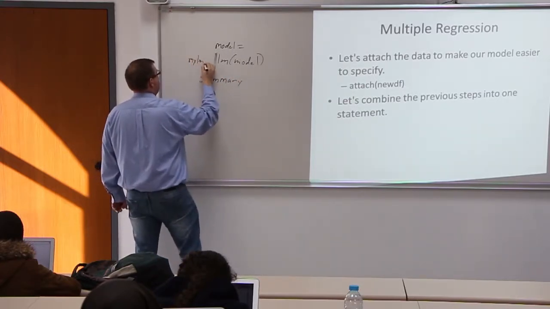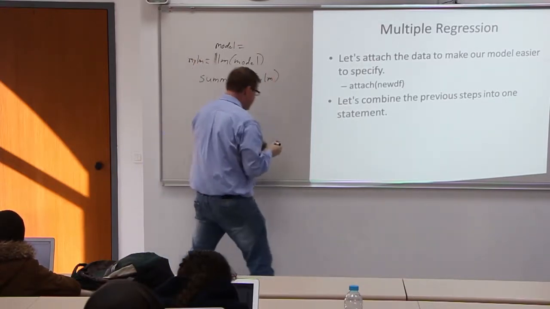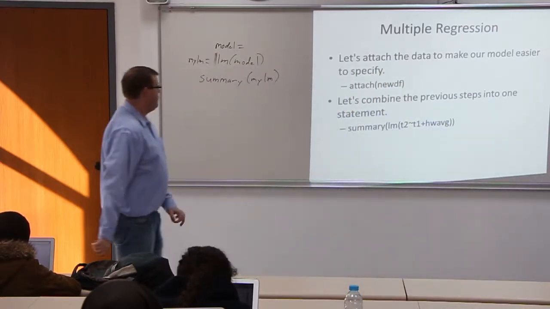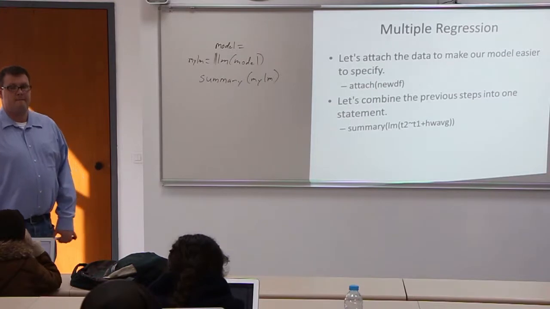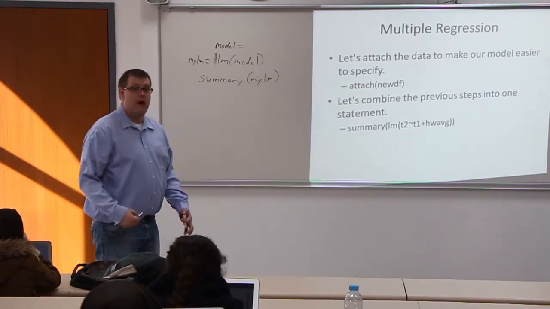We said this was my LM, and then my LM. So let's combine this into one statement: summary, LM, and the model. The data are attached this time, so we don't have to specify where they're coming from.